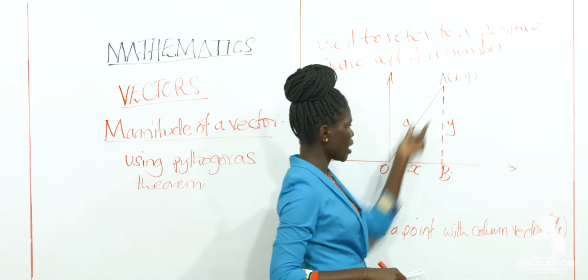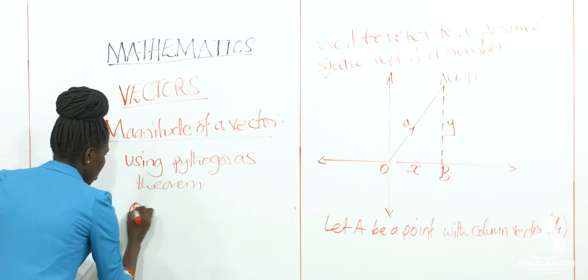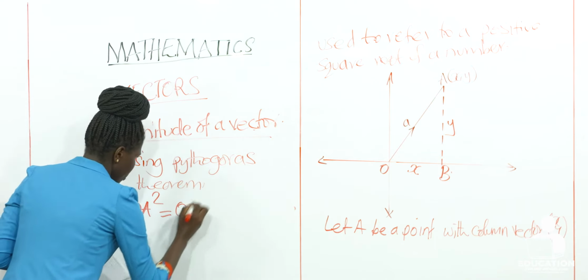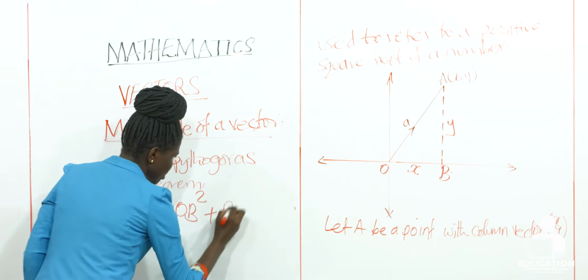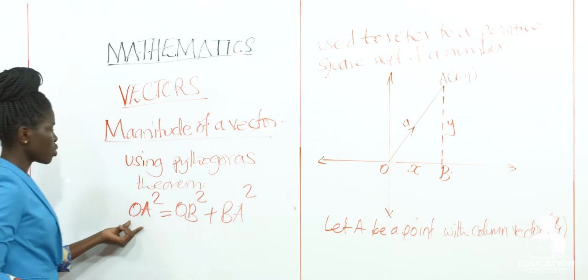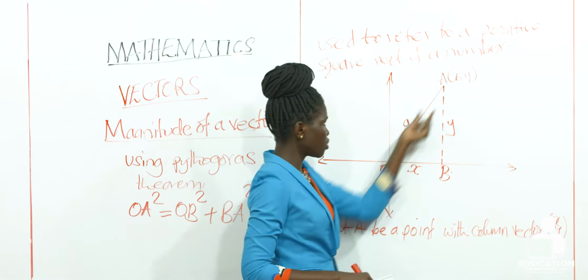We are having OA, OB and AB. So we are saying OA squared should give us OB squared plus BA squared. So for us to get the value for OA, this is from A to B.